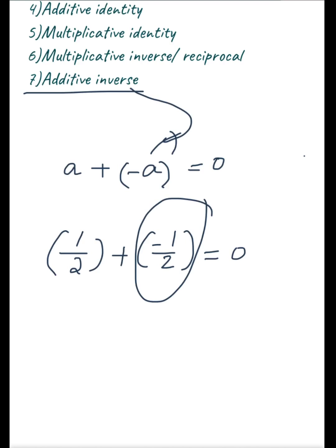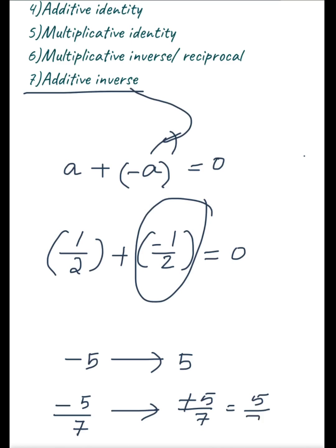Suppose you are asked to find the additive inverse of minus 5. Then what will be the additive inverse of minus 5? It will be 5. Suppose you are asked to find the additive inverse of minus 5 by 7. Then what is the additive inverse of minus 5 by 7? It's plus 5 by 7, or simply you can write it as 5 by 7. That is, you need to just change the sign.